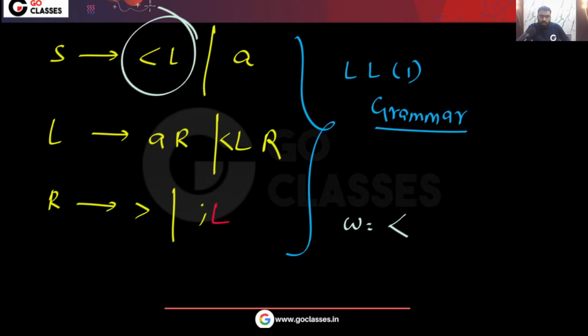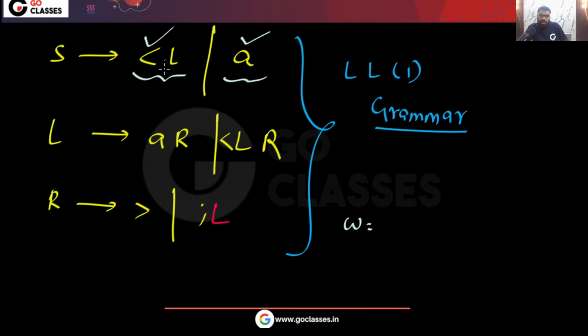If the next symbol in the string is less than, you will use this production, and if the next symbol is A, you will use this production.